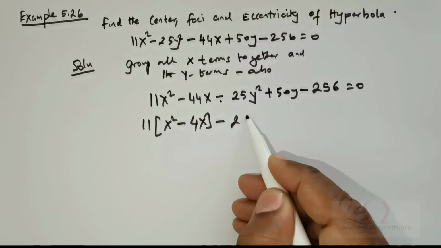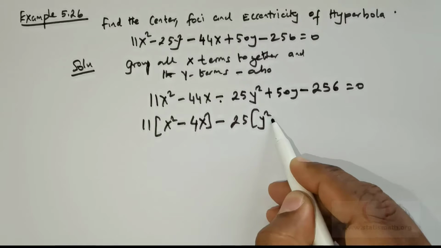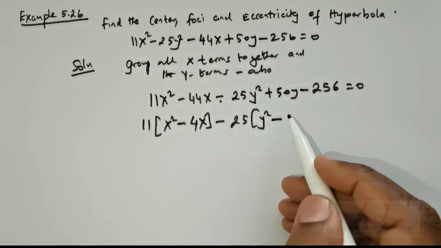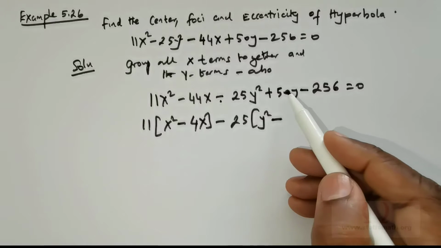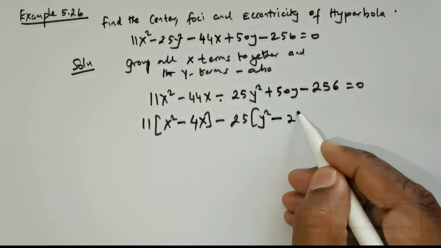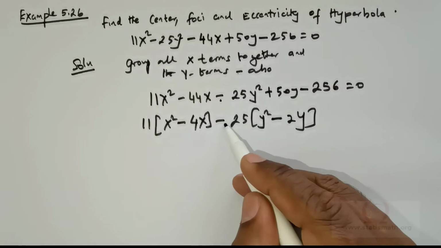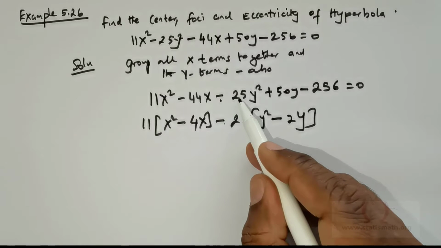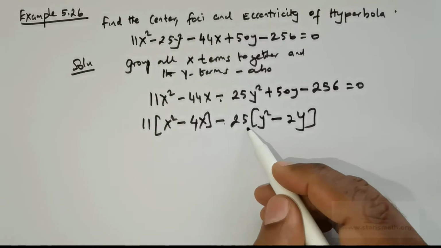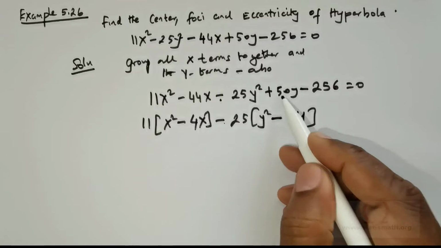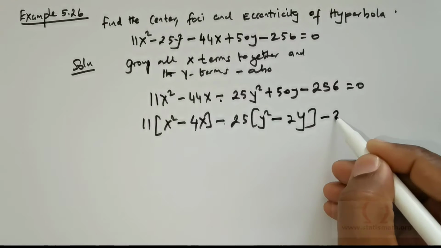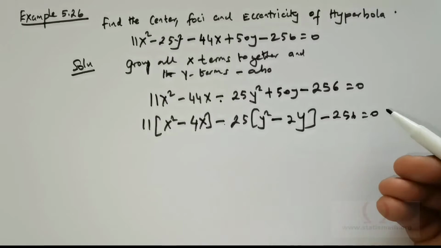I would take 25 out, that would give me y squared followed by negative 2y. Negative 25 times y squared will give me negative 25y squared. Negative 25 times negative 2 will give me positive 50y followed by negative 256 is equal to 0.